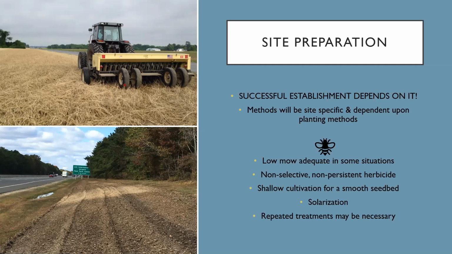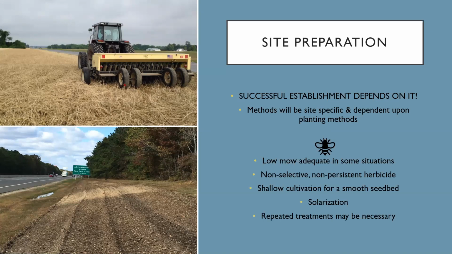So I did say tillage, but really what I meant was a very shallow till or disking, where you're only disturbing the top couple of inches of soil and not bringing up any weed seed that may be buried deep, and that's going to allow it to germinate. And that's why these preparations can take up to a full calendar year to get it ready, because you're going to be doing repeated treatments.